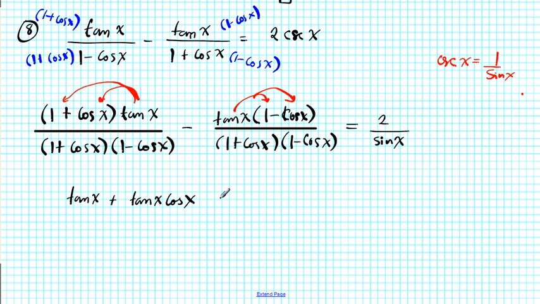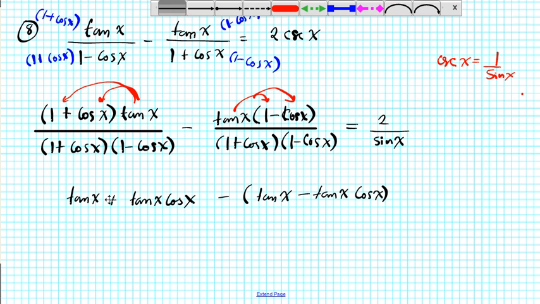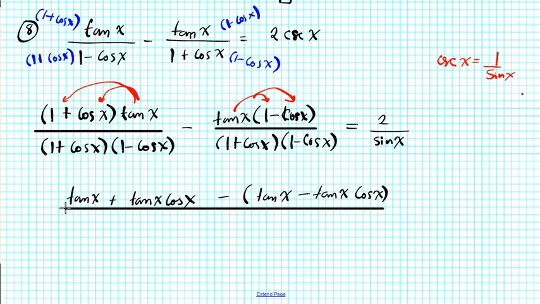And then minus, parentheses, distribute this, you have tan x minus tan x cosine x. Alright, and then you write the denominator as the same for both, since they're identical, 1 plus cosine x times 1 minus cosine x.